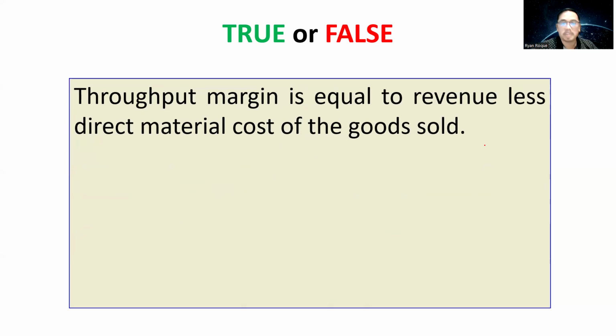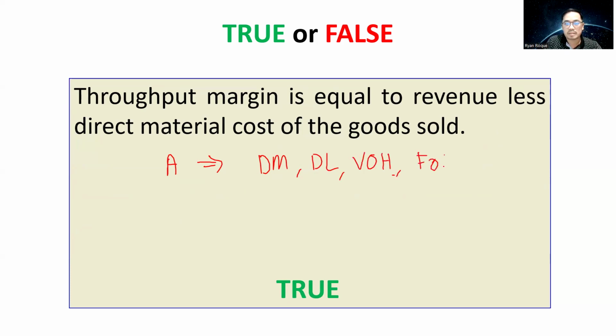Next, throughput margin is equal to revenue less direct material cost of the goods sold. The answer is true. For absorption, the product cost would include your direct materials, direct labor, variable overhead, and fixed overhead. For your variable costing method, the product cost would include your direct materials, direct labor, and variable overhead, simply the variable manufacturing cost.